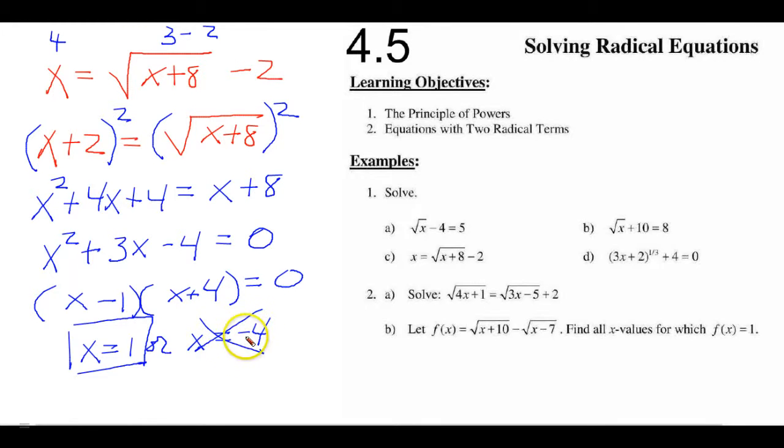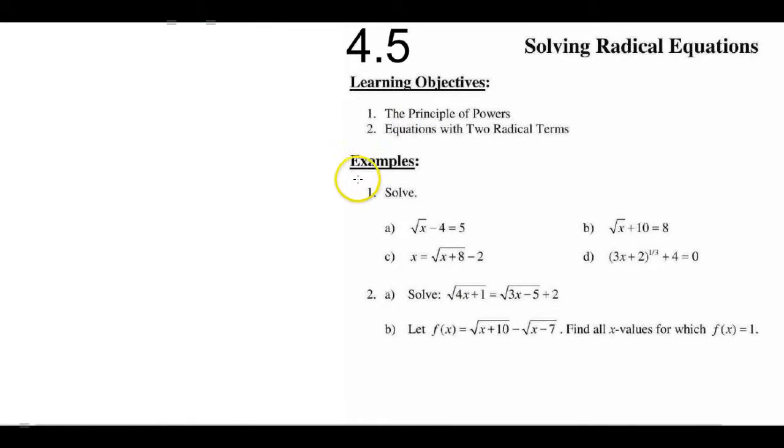So this is an erroneous answer. Again, if you did all this and you have that, I will give partial credit on a test, but to get full credit, this is the answer. So you need to be careful of that and, in a sense, check your work.